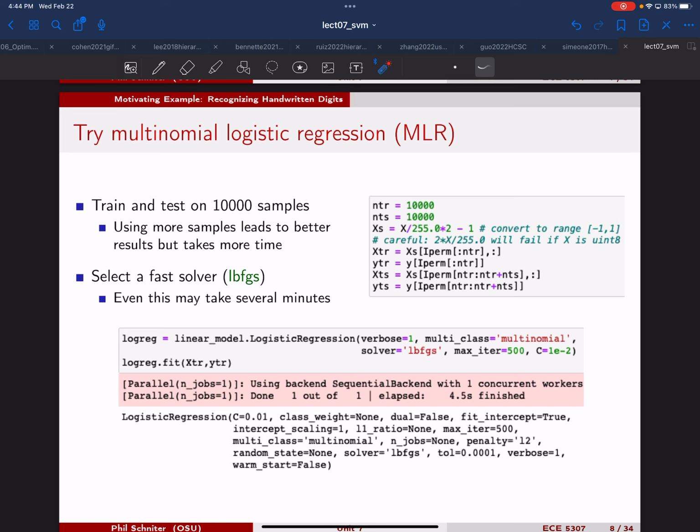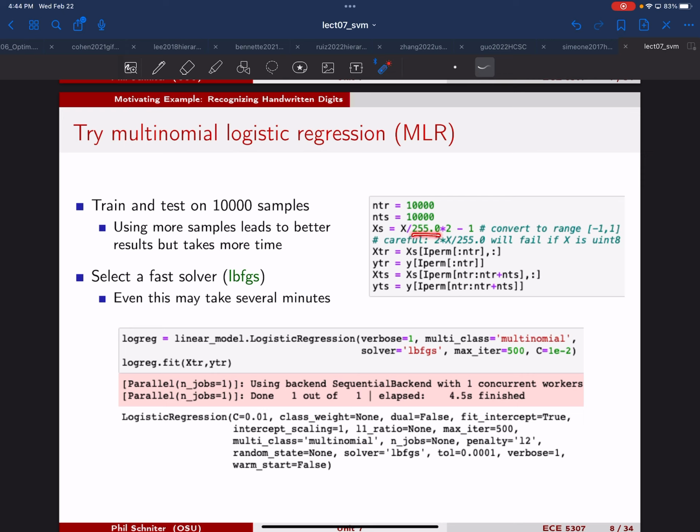We could do a little better if we use more, but this is good enough for now. And so here's where we split our data into training and test. And here's another thing that's often important to do. Notice that we're taking the original features, pixels, and dividing by 255.